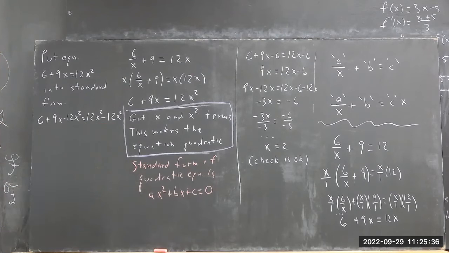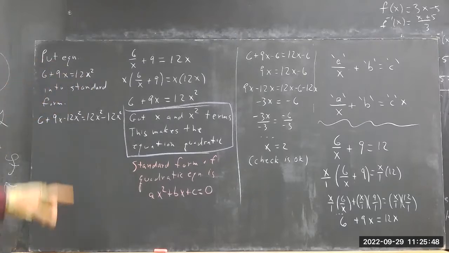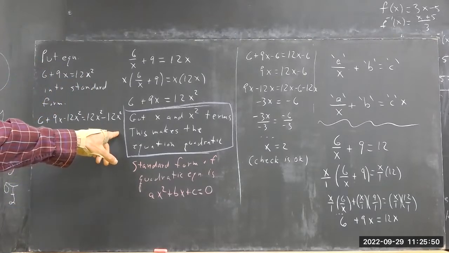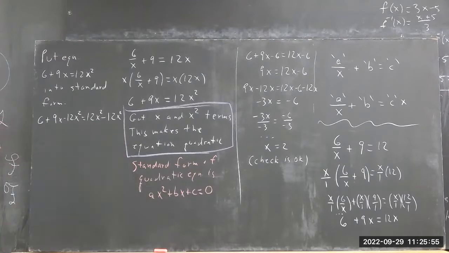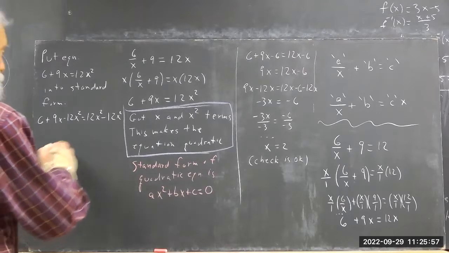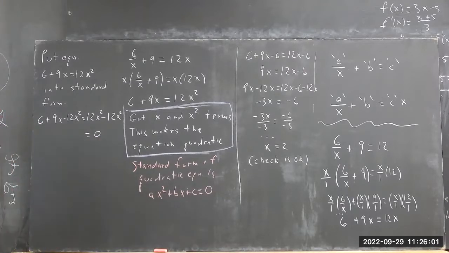We'll skip this step because if we do, we might accidentally move that 12x squared over here without changing its sign. And the rule isn't when you move this over, you change its sign. The rule is you add, subtract, multiply, or divide both sides by the same thing. So when we do this, of course, that's what's going to give us 0 on this side.